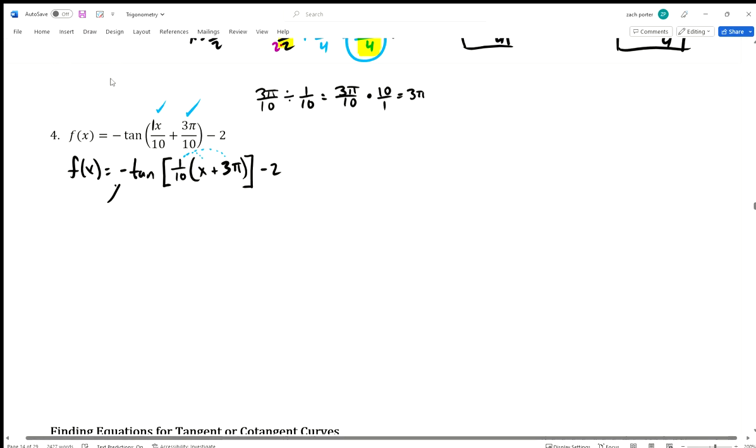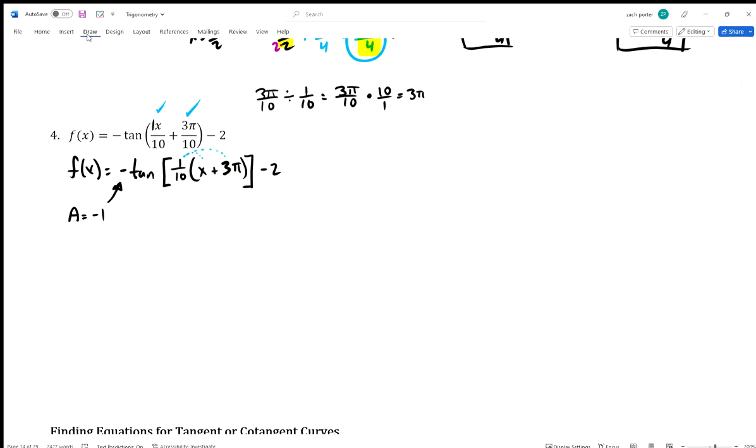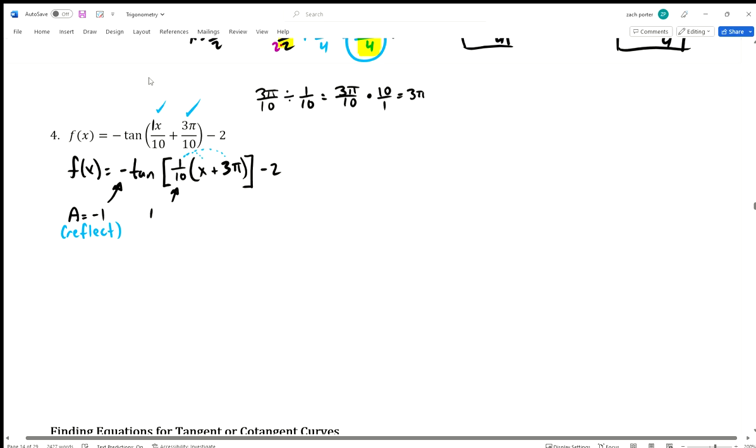Now that we have the form, we go about and find all of our information. So we have a is -1. Also remember they might use different letters than what I'm using, but they're all the same things. So a is -1, and because it's negative, we should reflect across the x-axis. But let's get our other information. There's our b. Our b is 1 over 10.